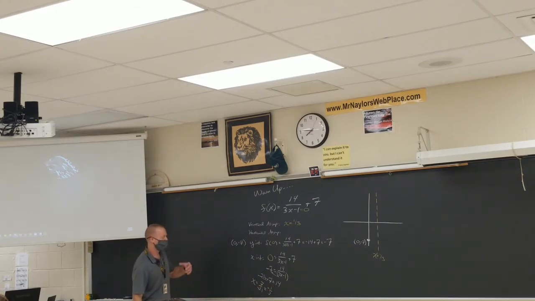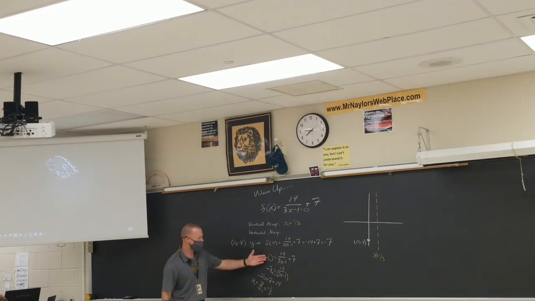Okay, but again, what I'm trying to show here is you can trust it. You can plug in 0, and more like set it equal to 0, and then solve for x. That's an x-intercept. Y equals 0.